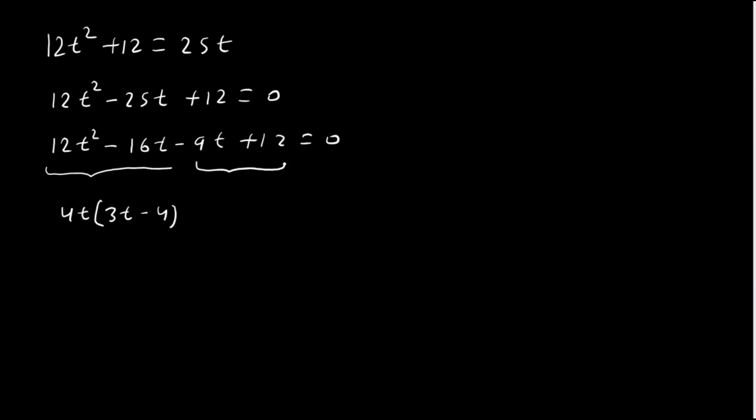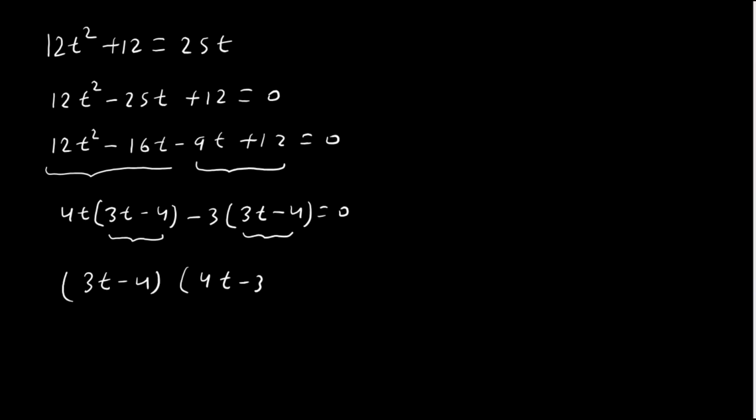And here if we take common minus 3, then minus 9t divided by minus 3 is 3t, and plus 12 divided by minus 3 gives minus 4, equal to 0. 3t minus 4 is common. If we take 3t minus 4 common, then 4t minus 3, and this is equal to 0.